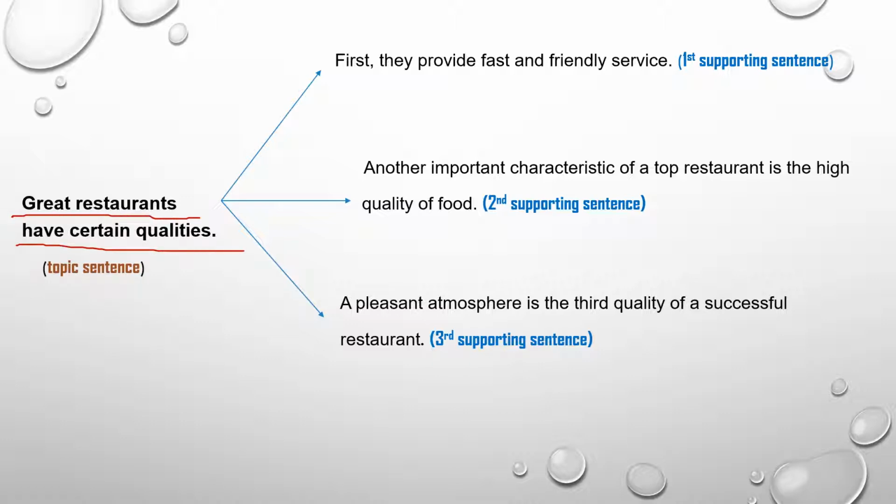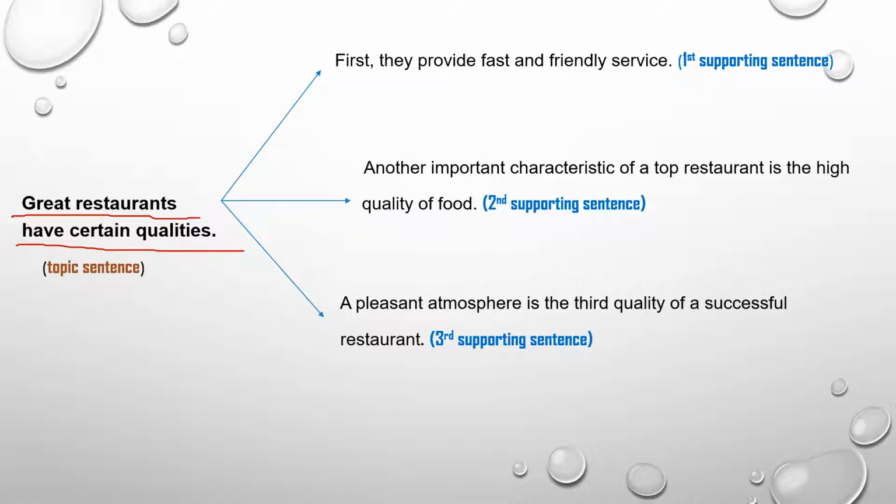So after you tell me great restaurants have certain qualities, I will ask you, okay, so what are these qualities? That's the first question that comes to mind. What are the qualities of great restaurants? So now you have to give me 3 different supporting sentences to support your argument, to support the claim you made in the topic sentence.